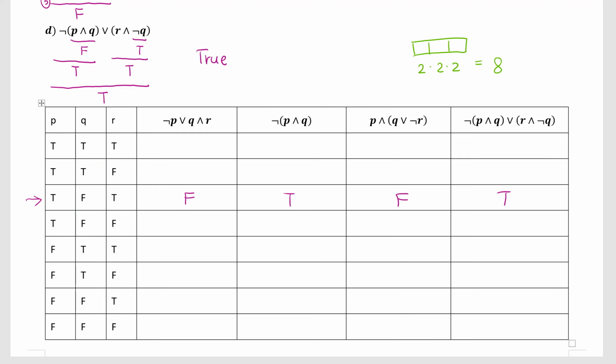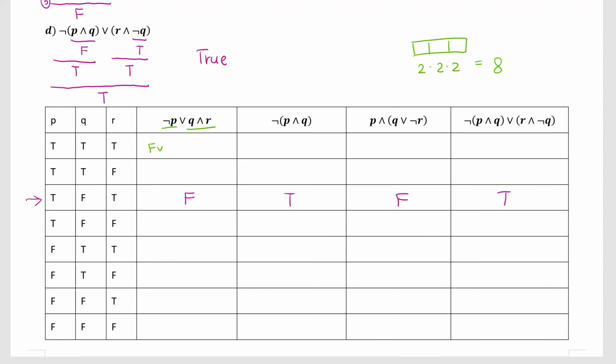Now let's see, how do we think? Let's denote the steps. First, we do not P, and then we do Q and R, and at the end we do not P or Q and R, right? Here, not P: P is true, not P is false.